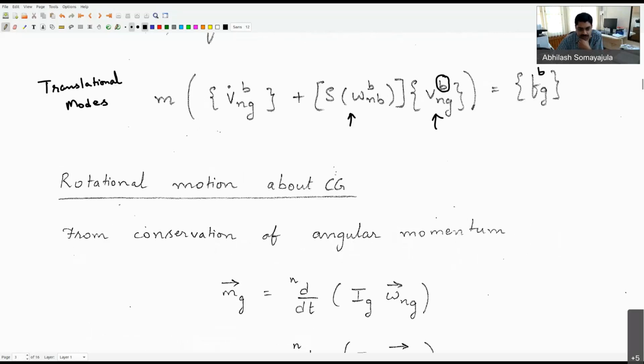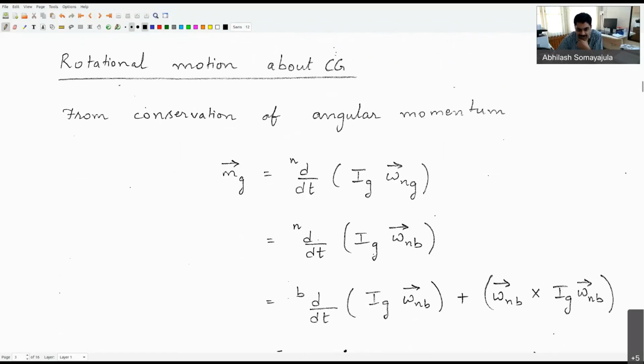What is missing here is that this is also in body fixed frame. Then we considered the rotational motion about the center of gravity, and there we were looking at the conservation of angular momentum. So the angular momentum here is given by the inertia matrix about the center of gravity times the angular velocity of the body with respect to an axis passing through the center of gravity with respect to the NED frame.